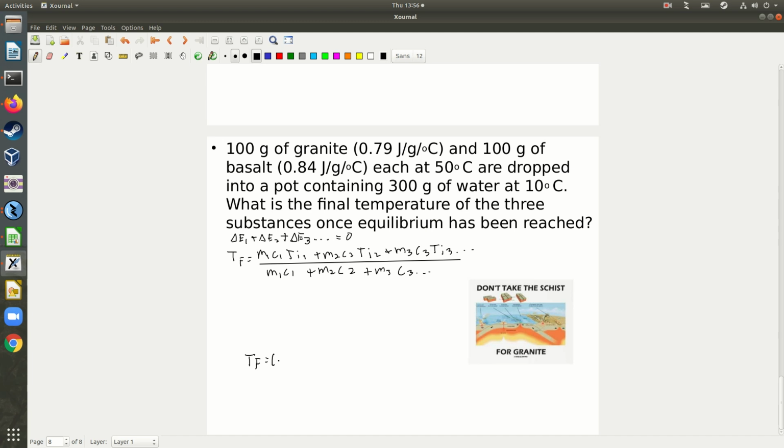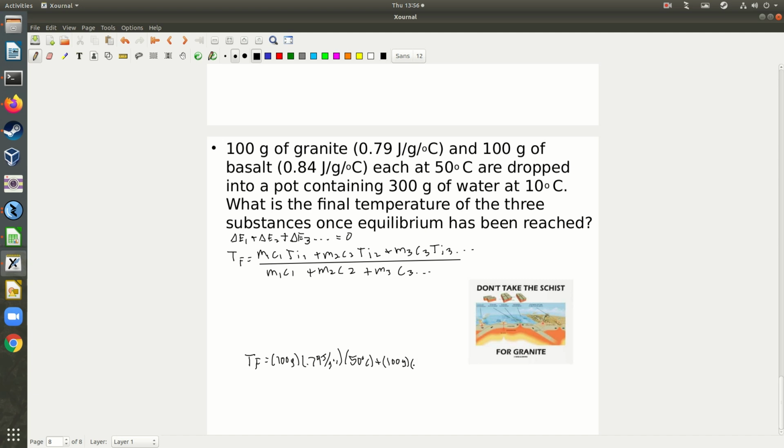So TF is equal to... we have 100 grams of granite. And then its specific heat is 0.79 joules per gram degrees Celsius. Its initial temperature is at 50, plus my basalt, which is also 100 grams.